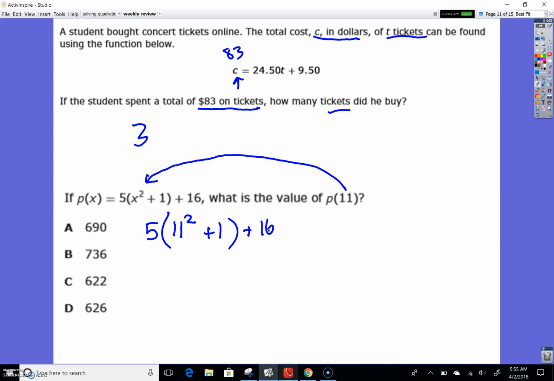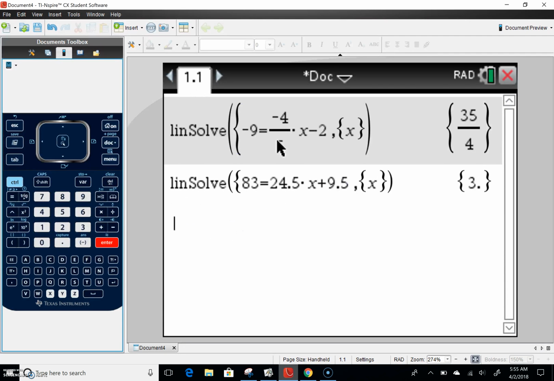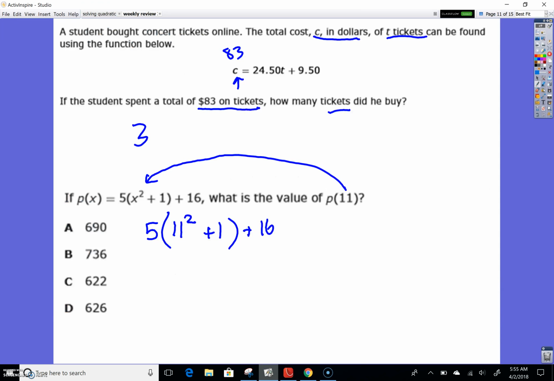And so you can put all of that in your calculator. 5 parentheses 11 square plus 1 plus 16, 626. So anytime they have it in parentheses like that, you just have to replace the x.